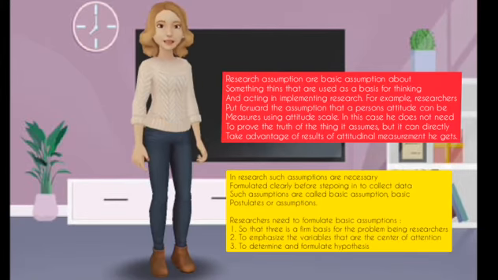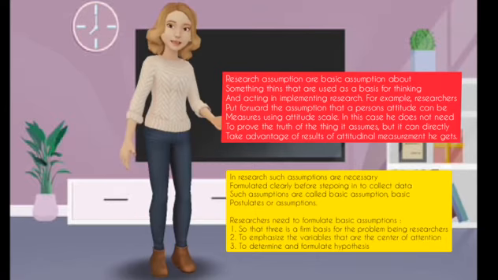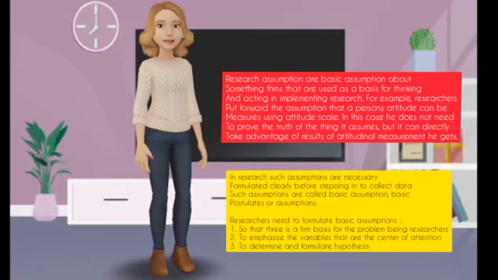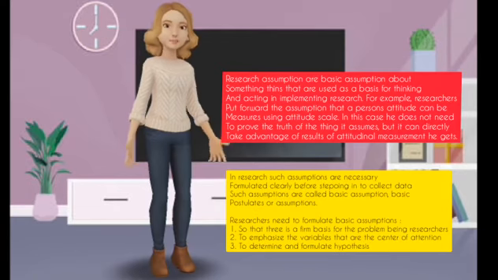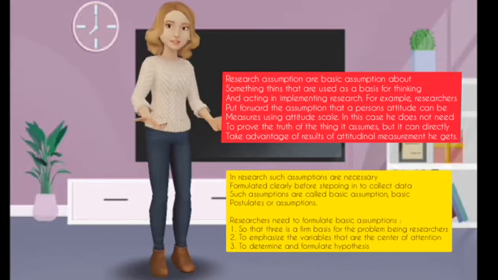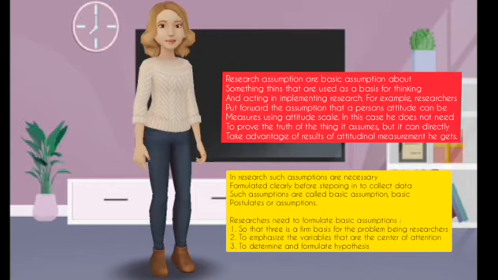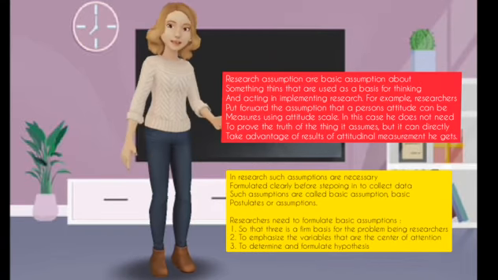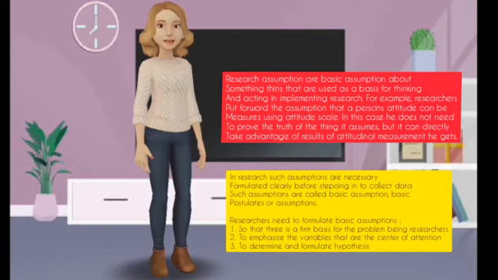In research, such assumptions are necessarily formulated clearly before stepping into collecting data. Such assumptions are called basic assumptions, basic postulates, or assumptions. Researchers need to formulate basic assumptions. Number 1, so that there is a firm basis for the problem being researched. 2, emphasize the variables that are the center of attention. 3, to determine and formulate hypotheses.